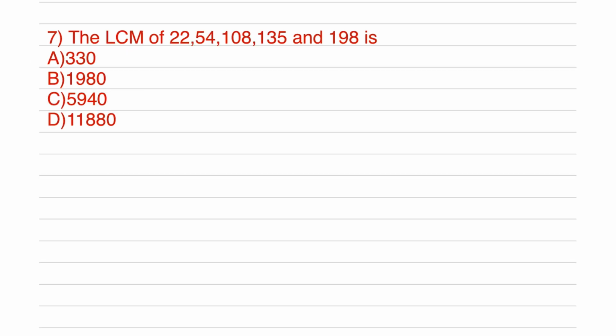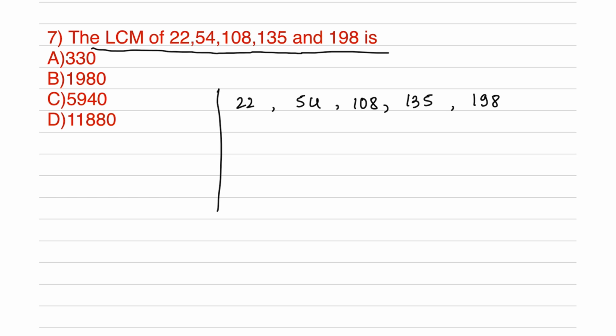See the next question. The LCM of 22, 54, 108, 135 and 198 is... What are the numbers? 22, 54, 108, 135, 198. See, so many even numbers are there. So first take 2: 2 11s are 22, 27, 54, 135.